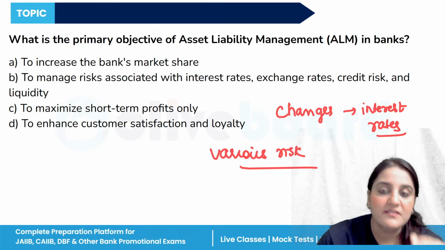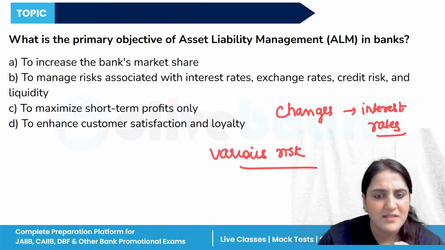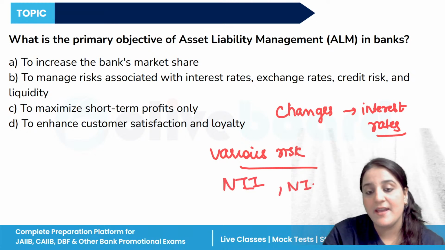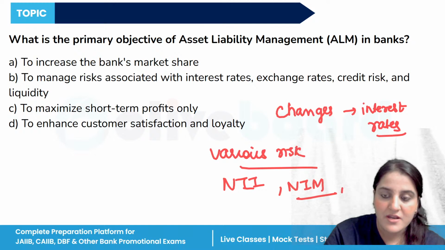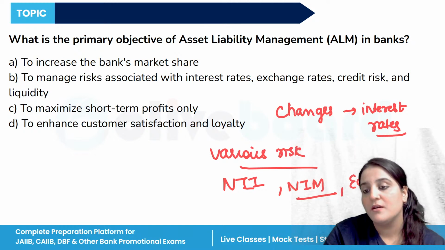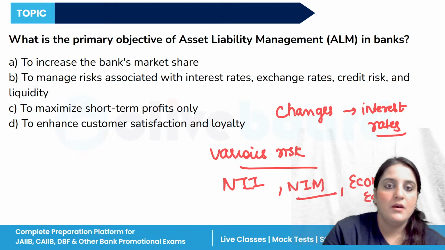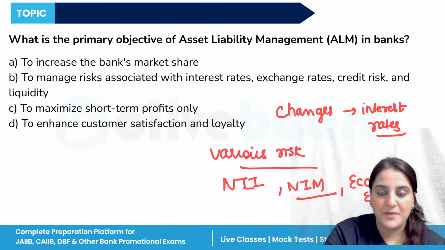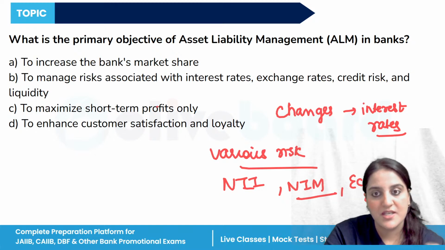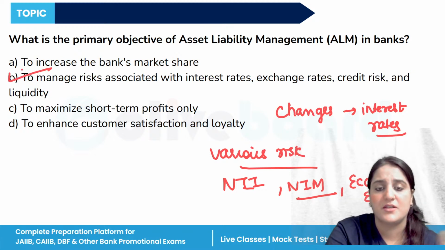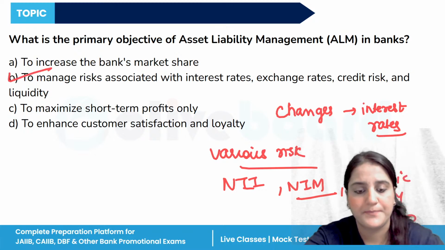The parameters selected for the purpose of stabilizing the ALM of banks are NII, that is net interest income, NIM, that is net interest margin, and also economic equity ratio. So the primary objective is basically to manage the risk associated with the interest rates, exchange rates, credit risk, and the liquidity. So option B is correct here.